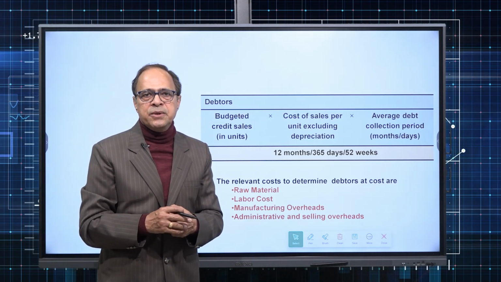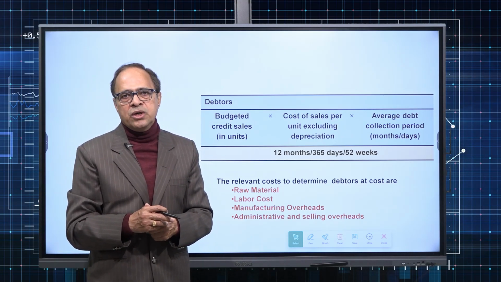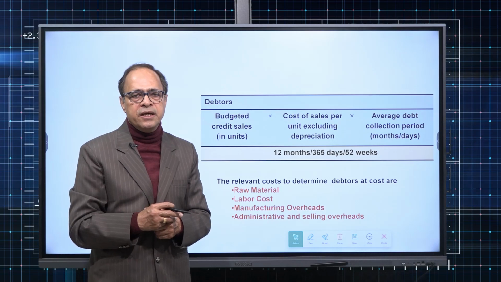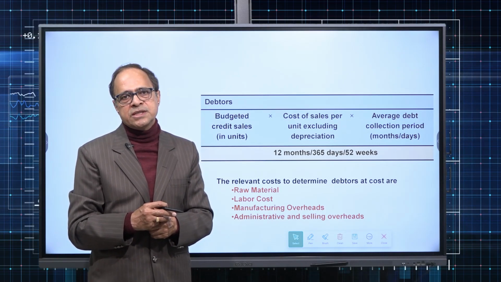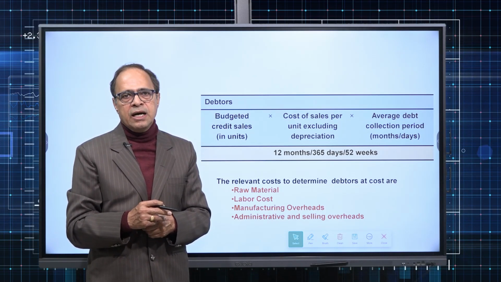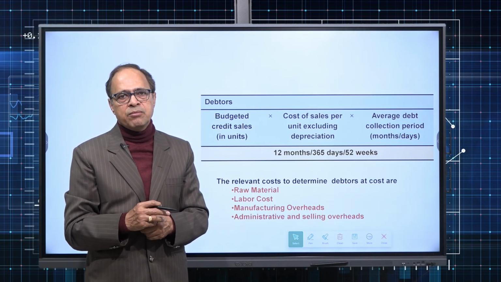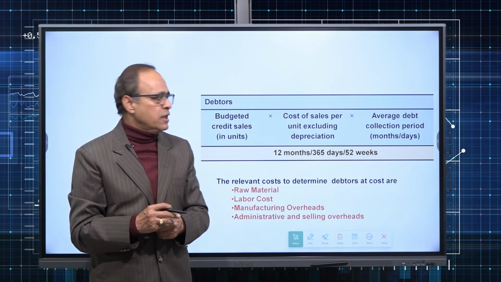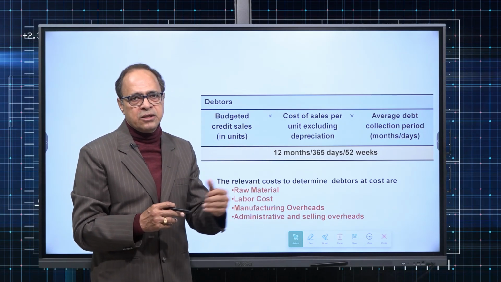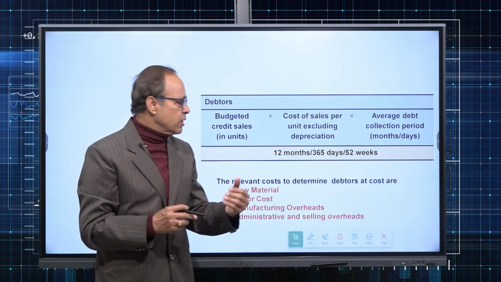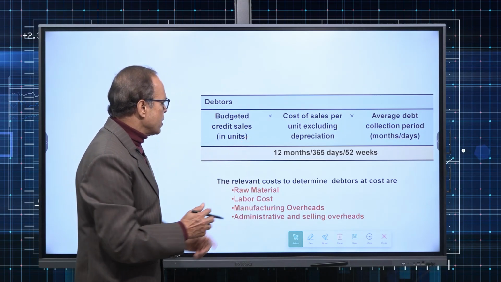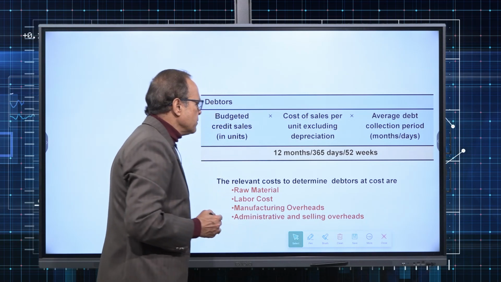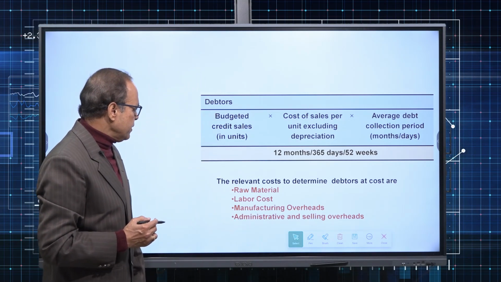Average debt collection period simply signifies that on average, after how many days we collect money from our receivables. It will be given to you, divided by the relevant factor.